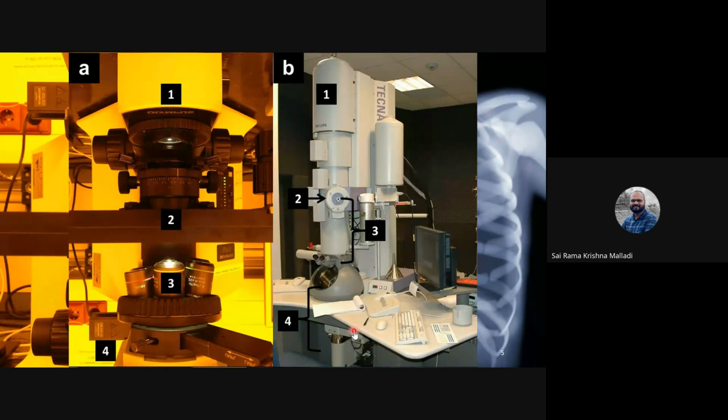So you're applying an energy of 200 or 300 kilo electron volts, accelerating electrons close to the speed of light. When this happens, you achieve wavelengths as small as 0.038 angstrom.